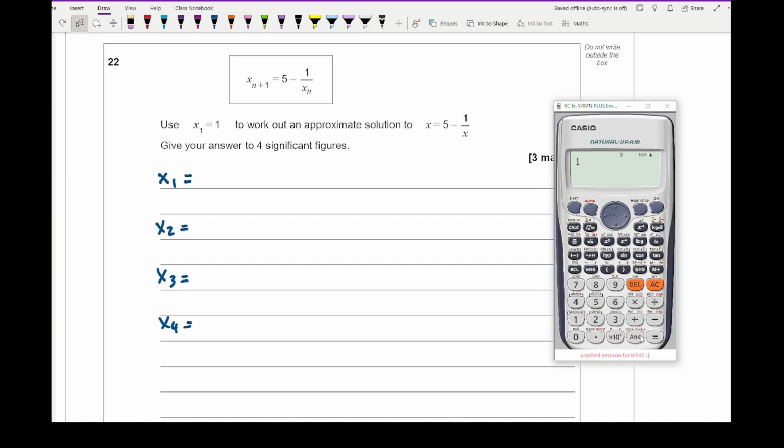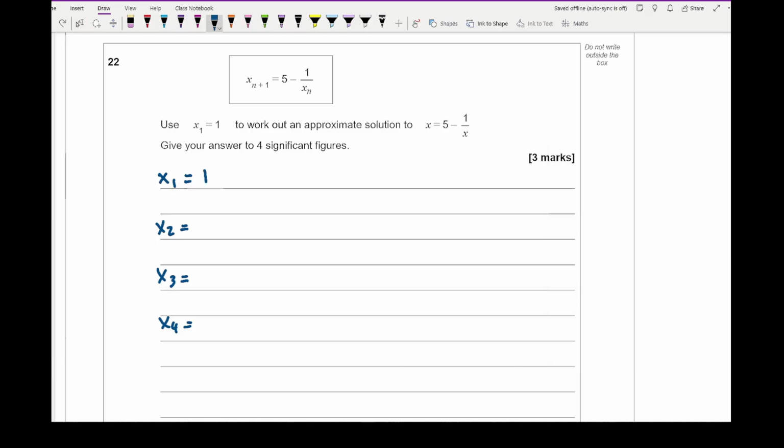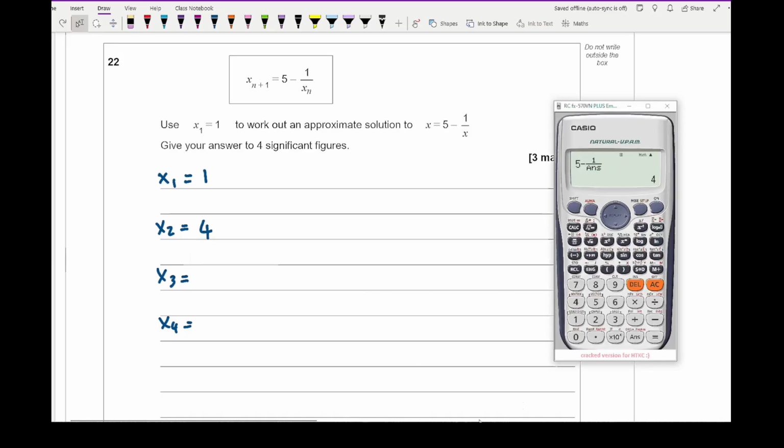So 1 equals, and then we're going to do 5 minus, and then open the fraction 1 over ans, press equals. So my x1 value is 1, my x2 value is 4. Then if I press equals, I get my next value, which is 4.75.